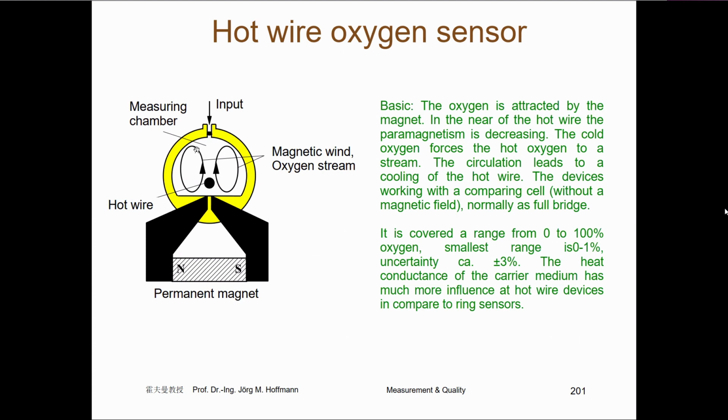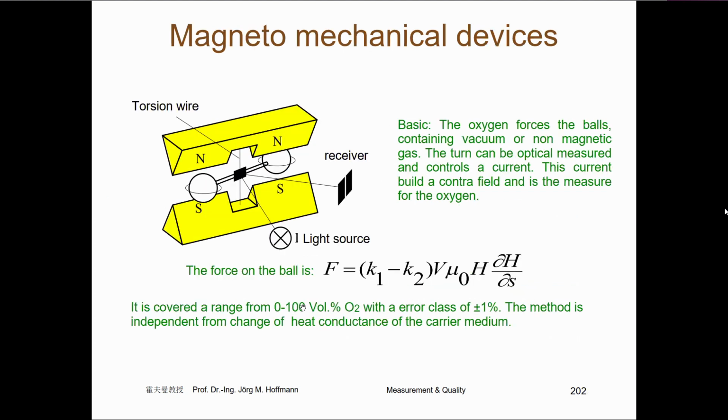It's going up, cooling down, attracted by the magnet, going up, and so you have this wind, and this wind is cooling down the hot wire, and you can measure the content of oxygen.